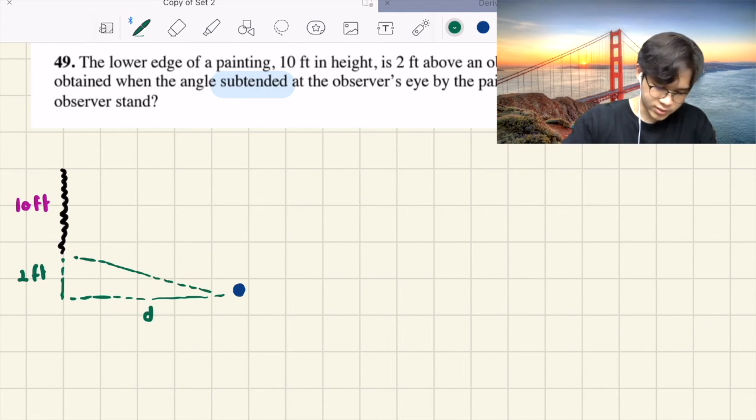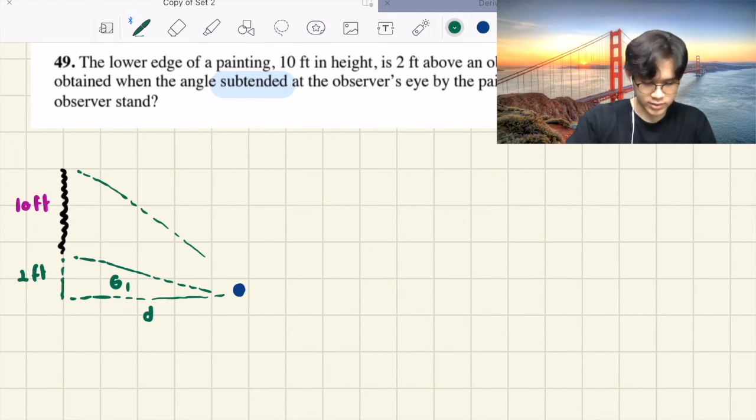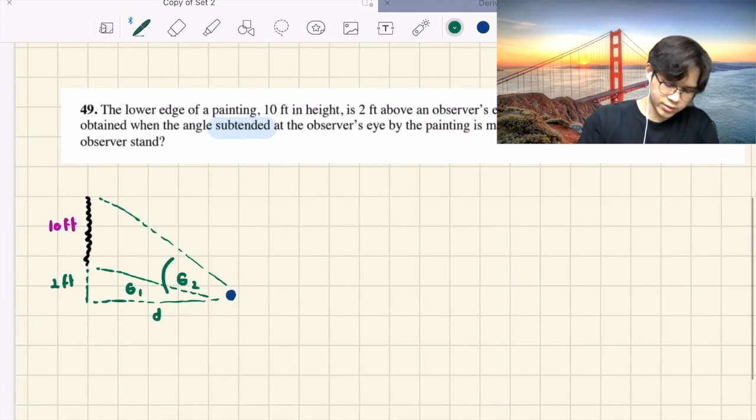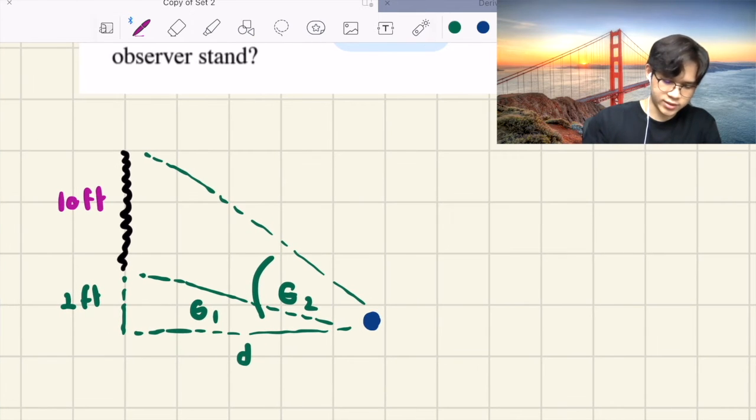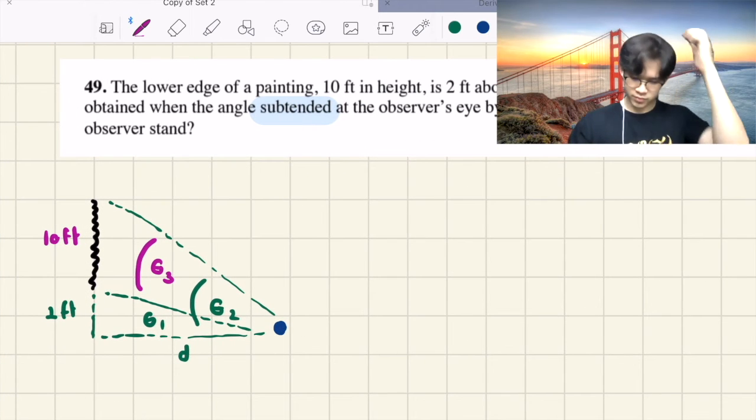The first angle here, I will denote as theta 1, and the second angle here is theta 2. So what we need to find here is the subtended angle between the observer and the painting, which is here, theta 3.